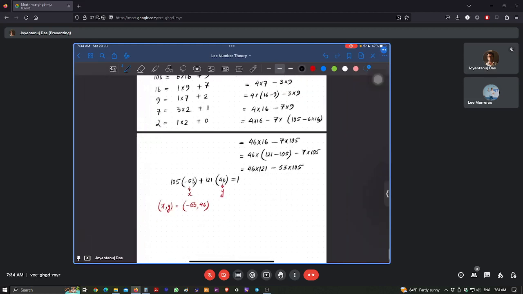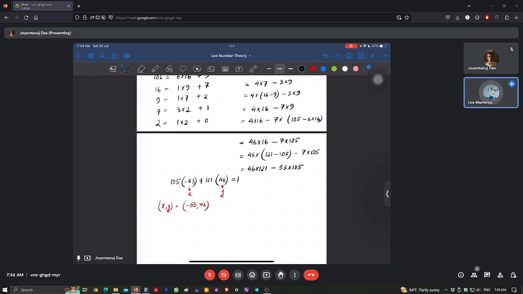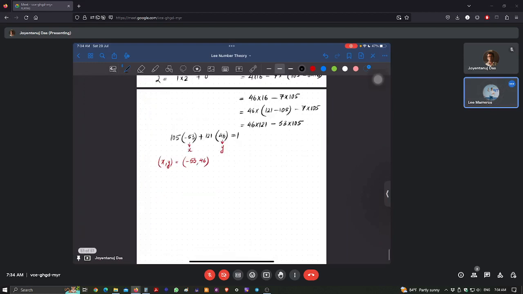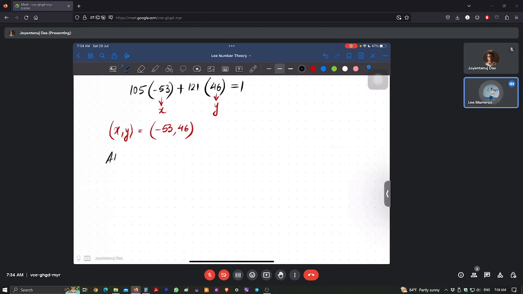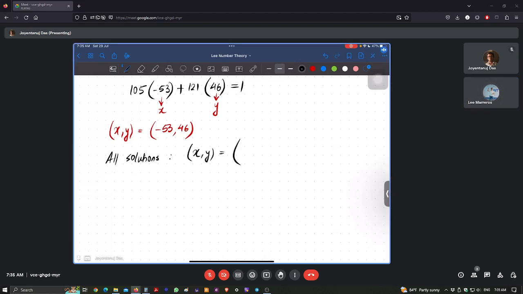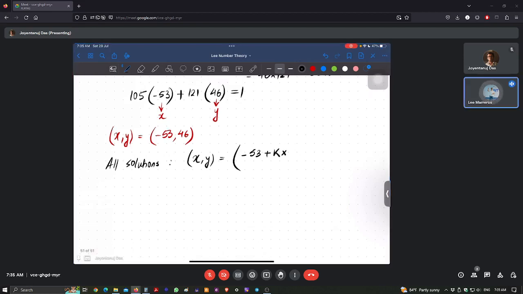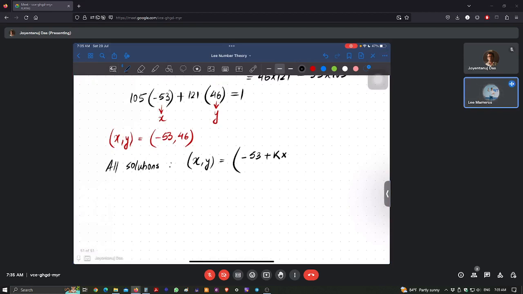Now we have to find all solutions. So what is the general formula? That would be x1 plus k times b over g, where b is 121 and g is 1, comma, y1 minus k times a over g, which is 46 minus k times 105 over 1.